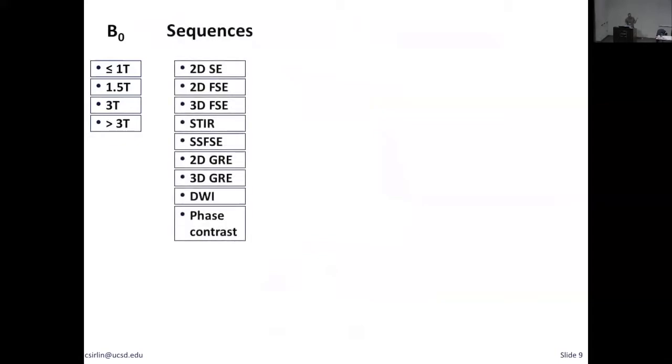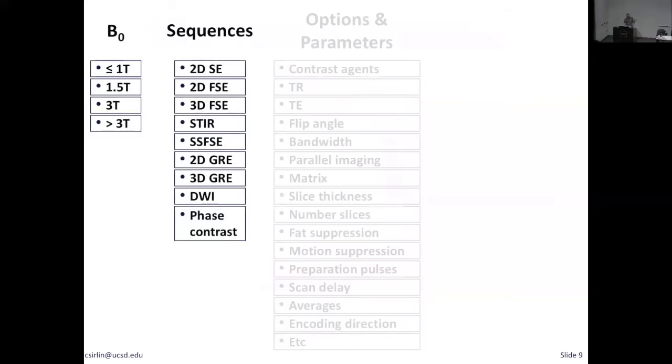Because we're going to try to take that knowledge that we just learned, as well as knowledge that we didn't go over in the last lecture, and then say, okay, how are we going to convert this into an MR image? Because we have different field strengths we can use for clinical imaging. We have multiple different sequences, each with its own alphabet soup of terminology.